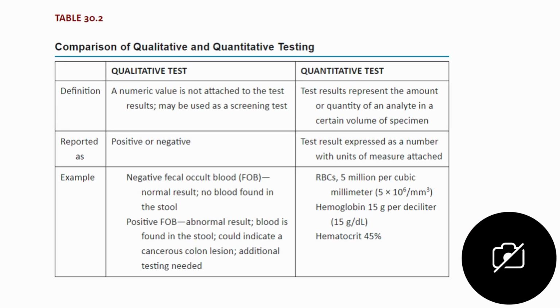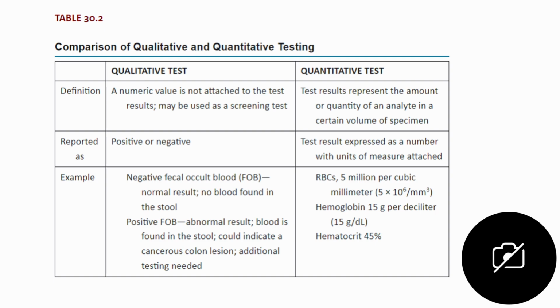Okay, so a qualitative test gives a result with no numeric value attached to it. It may be used as a screening test. The quantitative test represents the amount or quantity of an analyte. For example, glucose, 120 milligrams of solute per deciliter of blood. That's just one example.